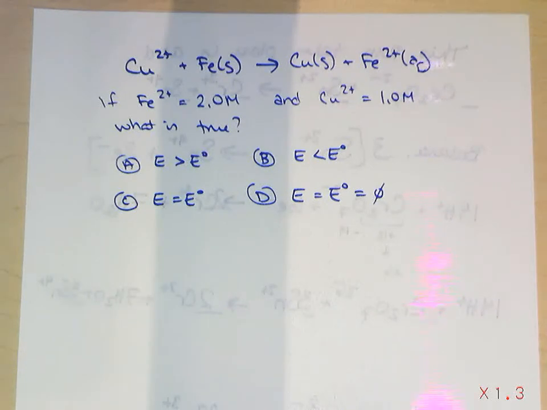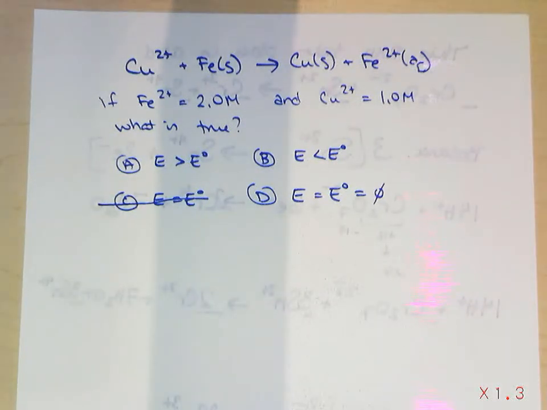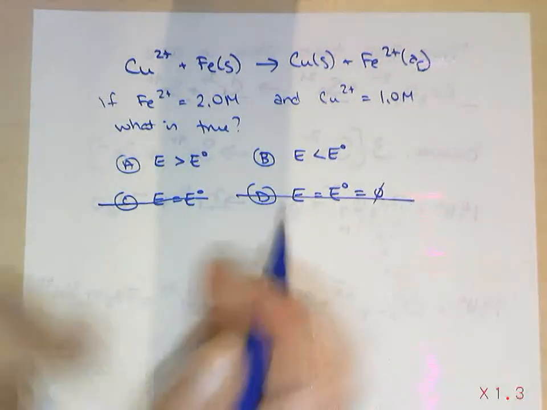Are we at standard state? No, definitely not, right? Because what's standard state? Everybody has to be 1 molar, so now I'm not at standard state. So which one of these can we automatically eliminate? C, because they're not 1 molar. And D is just a bad answer, right? Have you ever found an E0 at 0?